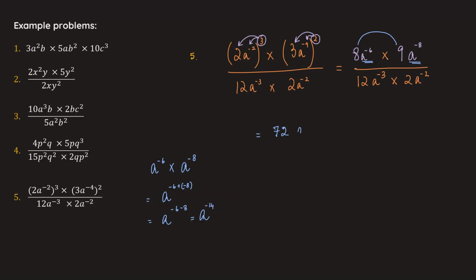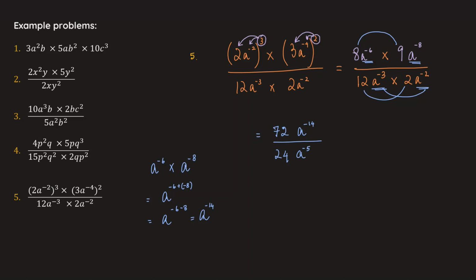So that's a to the power minus 14. Divided by 12 times 2, that is 24. A to the power minus 3 times a to the power minus 2, that's minus 3 minus 2, which is minus 5 when you add, so a to the power minus 5.